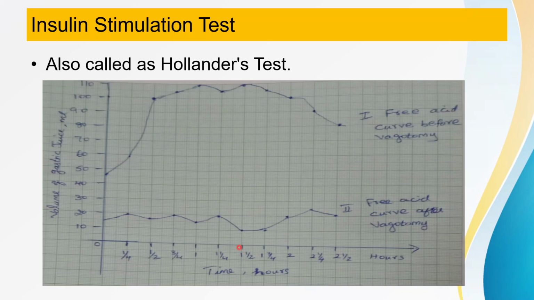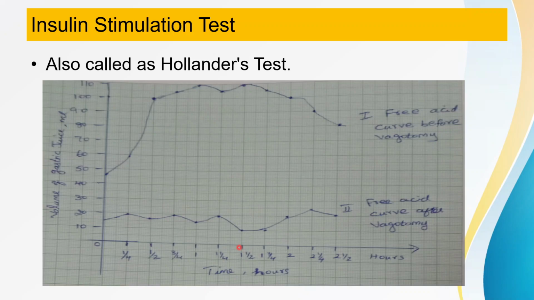Before vagotomy the free acid exceeds 100 milliequivalent per liter. After insulin stimulation, following a successful vagal resection, no response to insulin will be observed on gastric acid secretion, and the gastric free acidity will remain at a low level of 15 to 20 milliequivalent per liter.